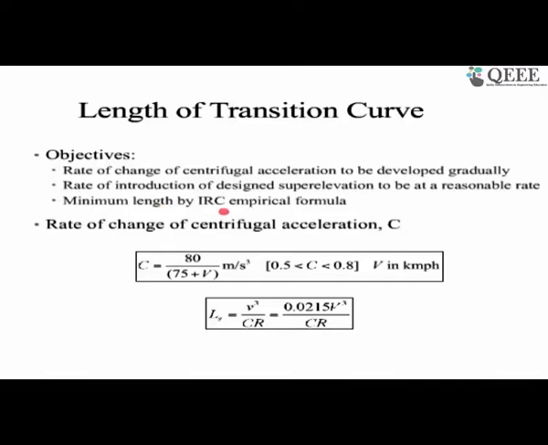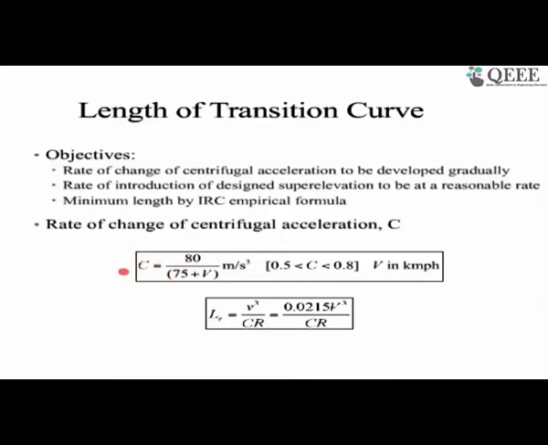So for the rate of change of centrifugal acceleration, as per IRC, C is 80 by (75 plus V), and it should be between 0.5 and 0.8, where V is the design speed in km/h. If the C value is within this, then this is a comfortable rate.